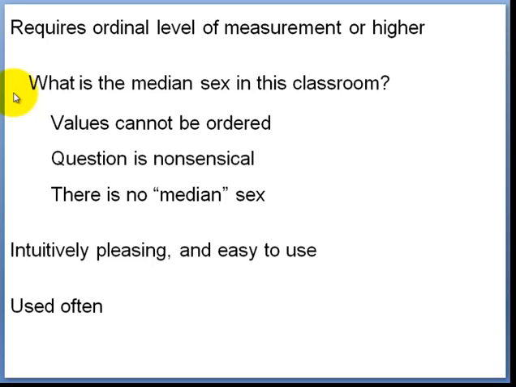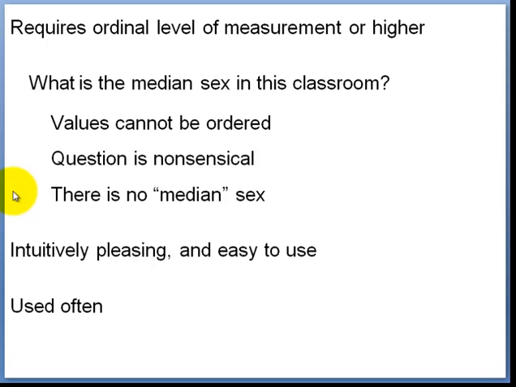Well, the values of sex, female and male, cannot be ordered. So the question is nonsensical. Because the values cannot be ordered, one cannot compute a median. And therefore, in this situation, there simply is no median.